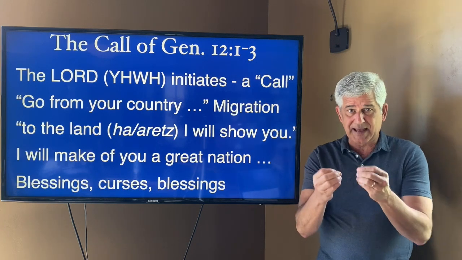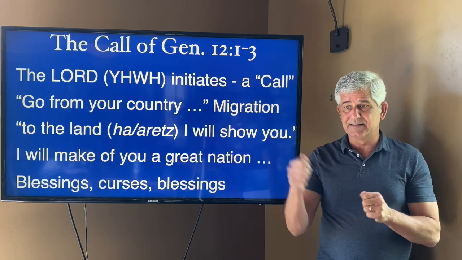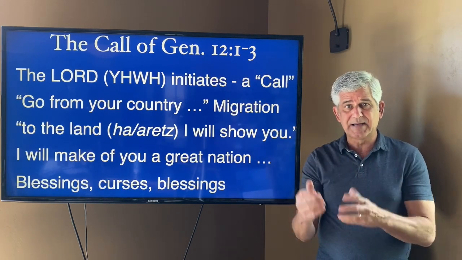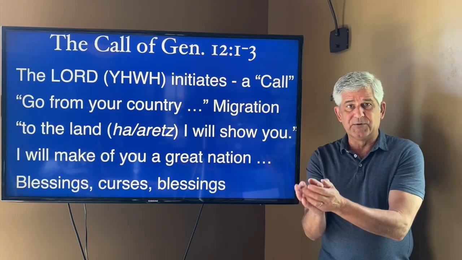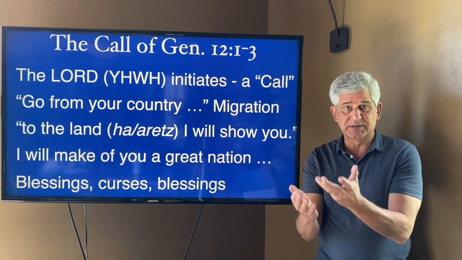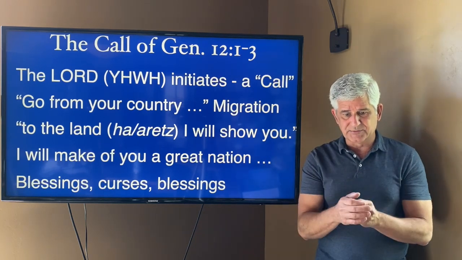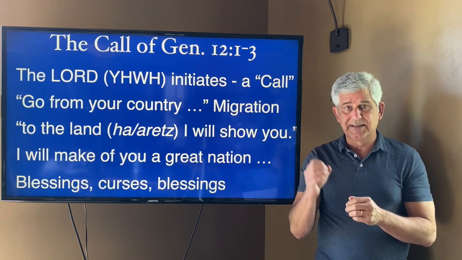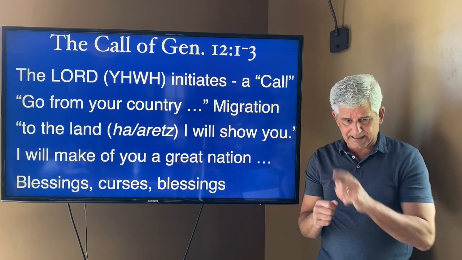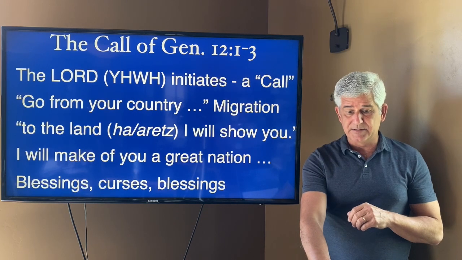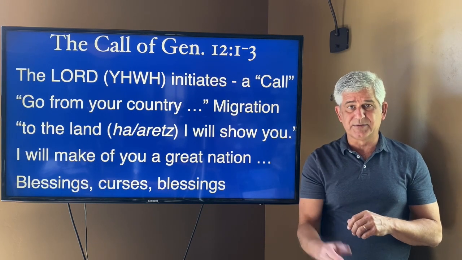So right off the bat with Abram's story, he is severing these ties that we normally rely on for our identity, for our security, and so forth. Leave your country, leave your kindred, leave your father's house, and go. That's the call here. And go where? That's the big question, right?